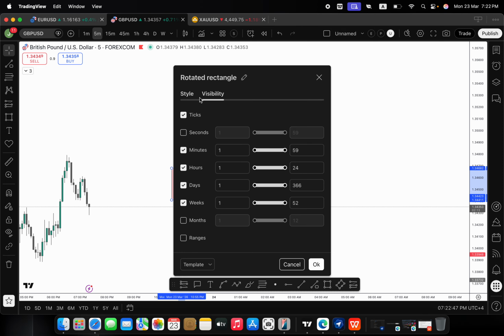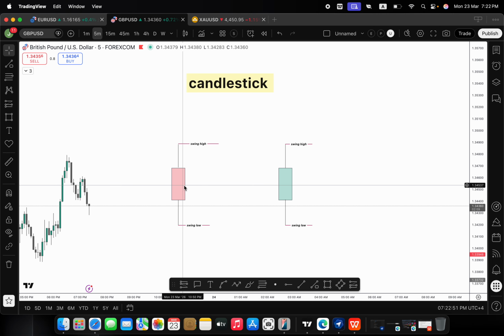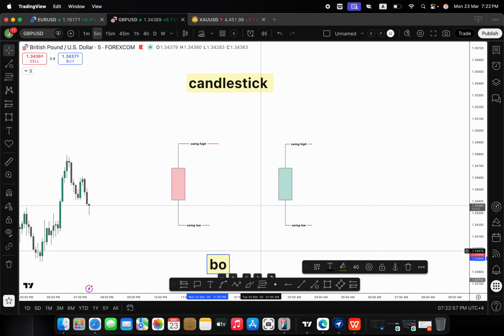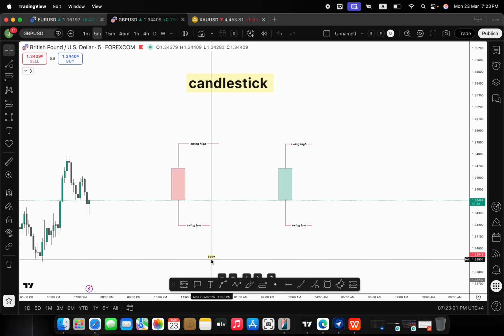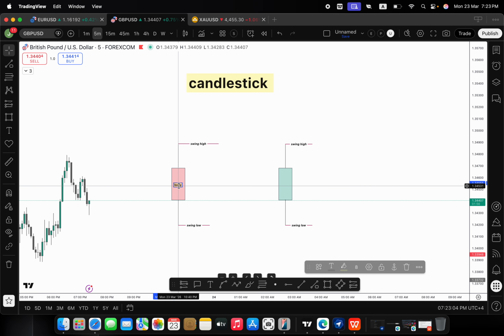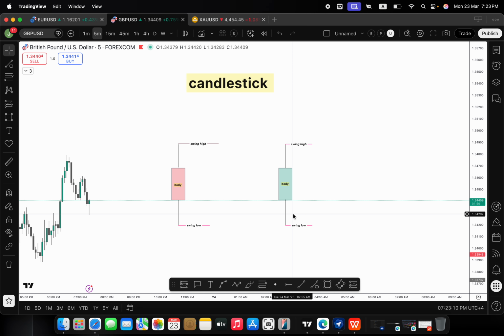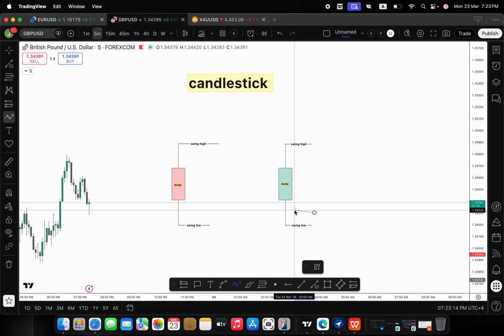Then this is the body of the candle, so I can't label inside here. Body. So inside here is the body of the candle, and this is what we call the wick.